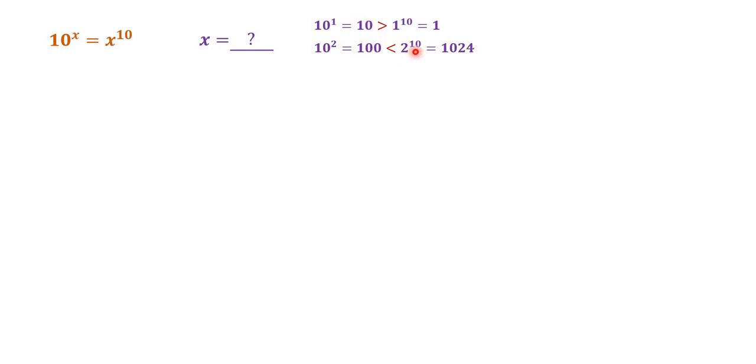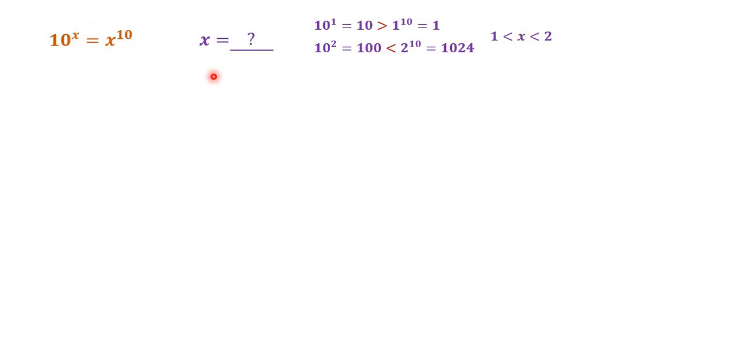So it seems like there is one value for x that is greater than 1 and less than 2 that can work for this equation. So there is at least one more solution for this equation.